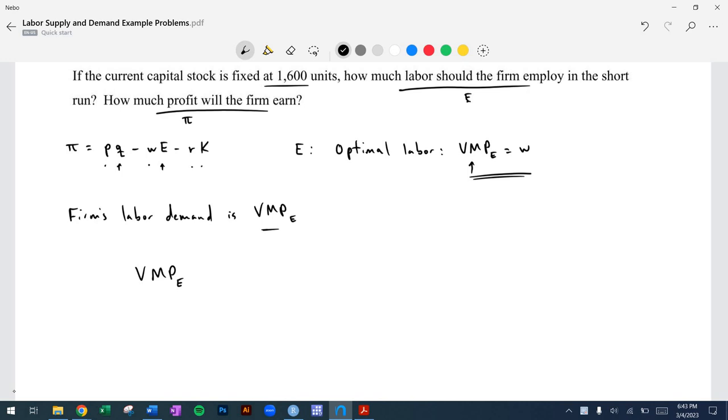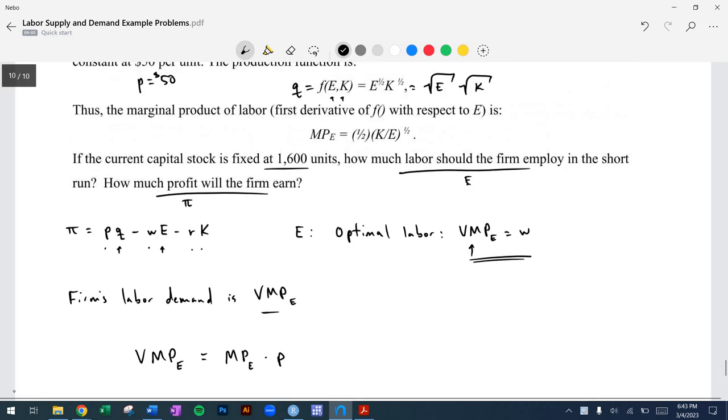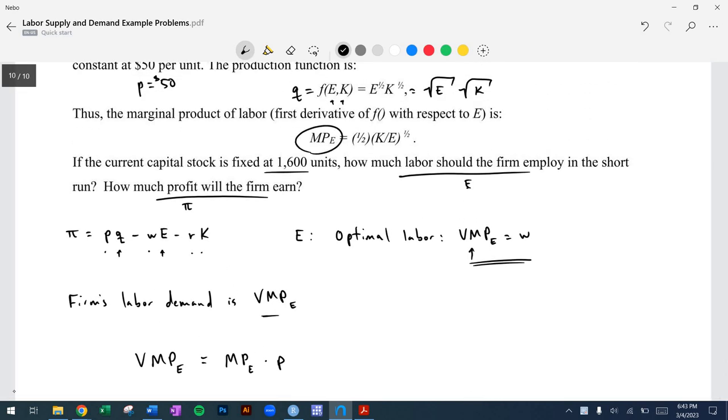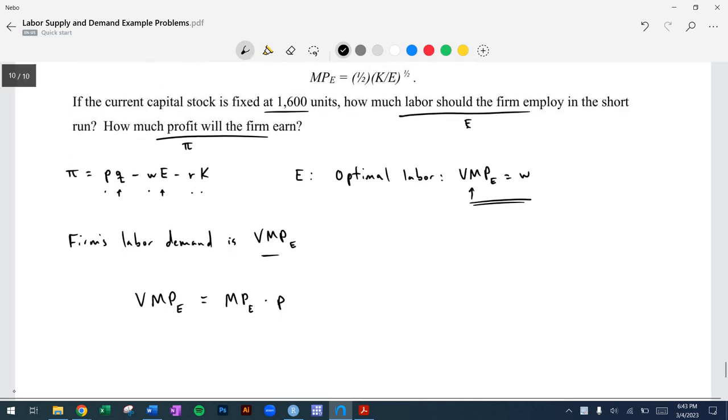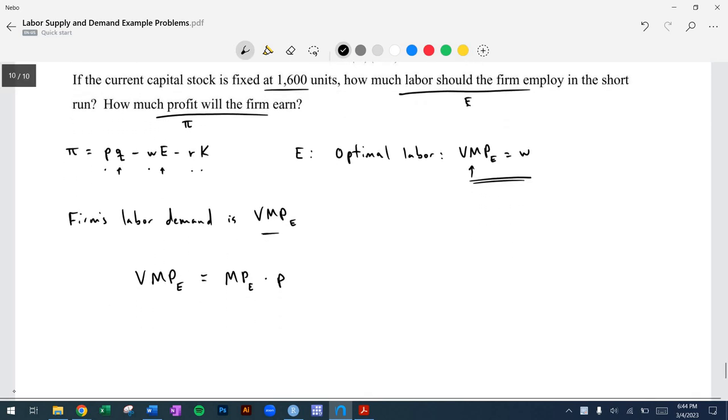All of the lead up to this is taking the theory as given, so you can go back and look over that. But if you recall, that's just going to be the marginal product of labor, so how much output a worker can produce, times the price of that output, and so it'll be the value of what that worker is able to produce. So we have the marginal product of labor, we have the output price, and now we can finally calculate all of these things.